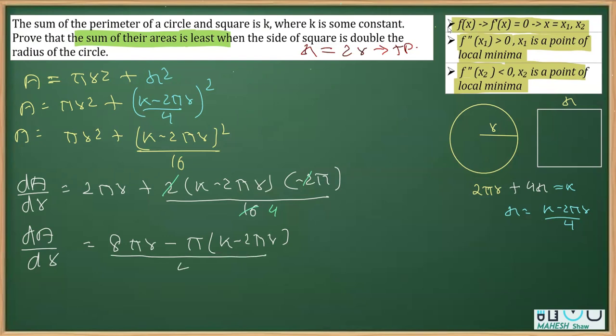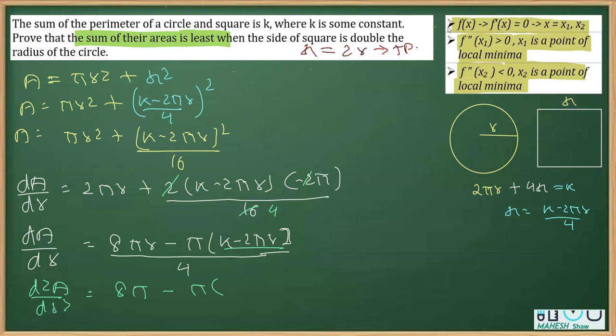Now before we find the critical point, we have to do the double derivative test also. So why not find the double derivative here only? If we find the double derivative d square A by dr square, the derivative of this is going to be 8 pi, minus pi being the coefficient here.